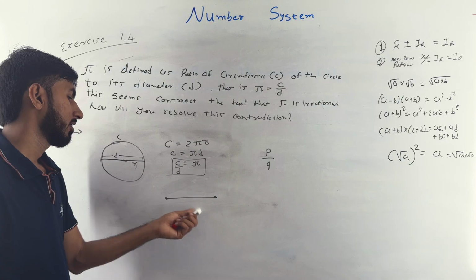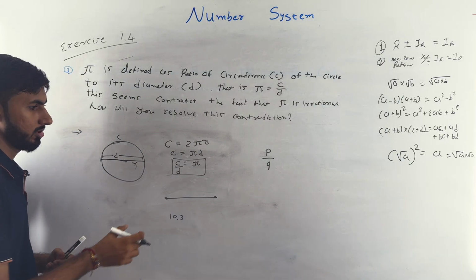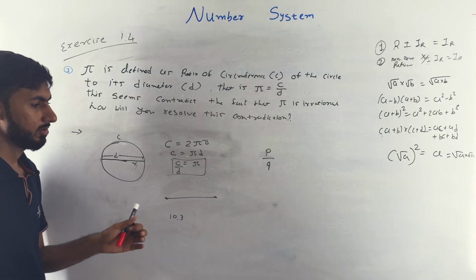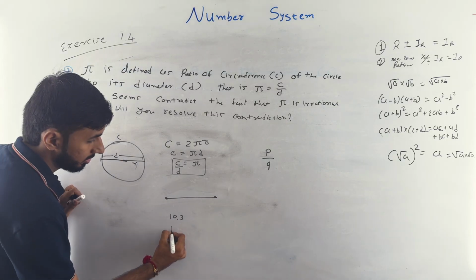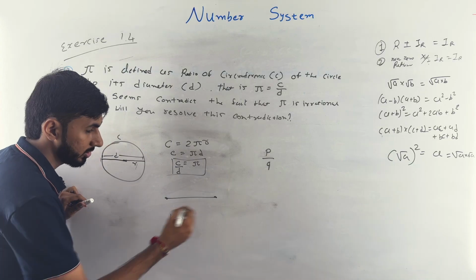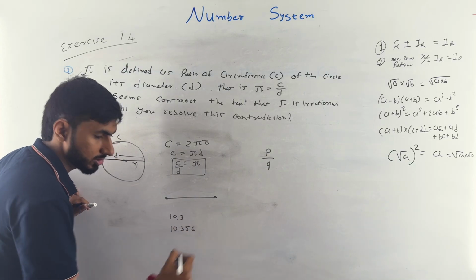Now if I measure length with some more precise device, like a big vernier calipers, my length can come as 10.356.